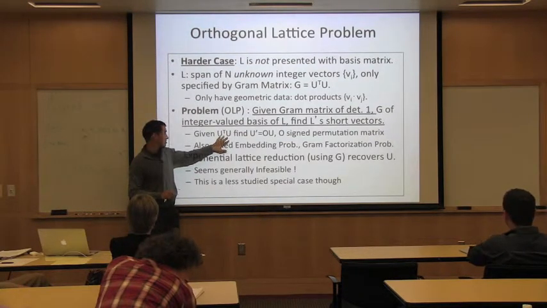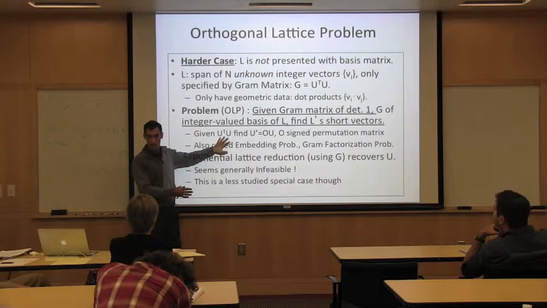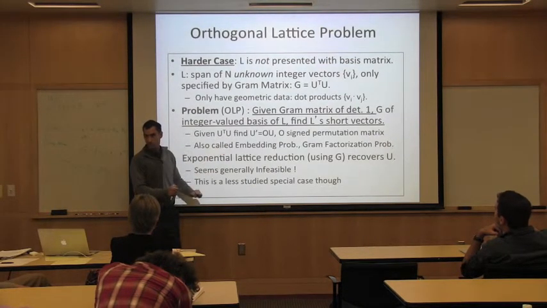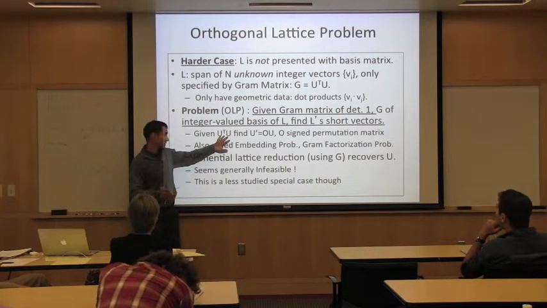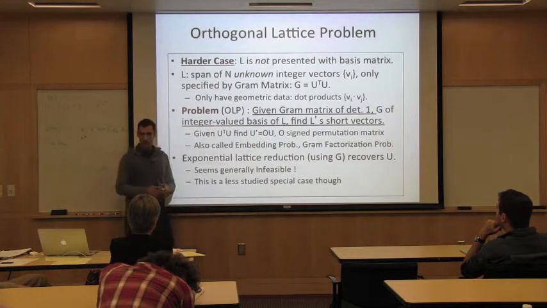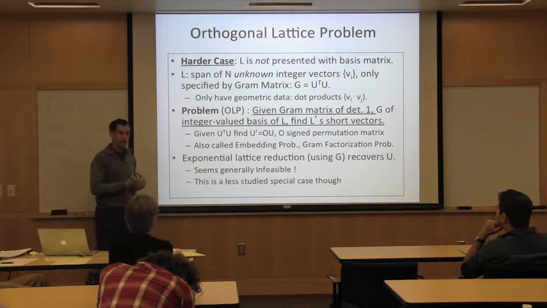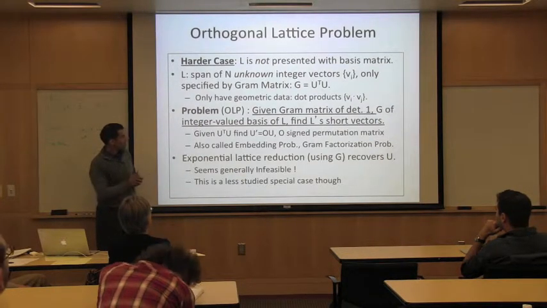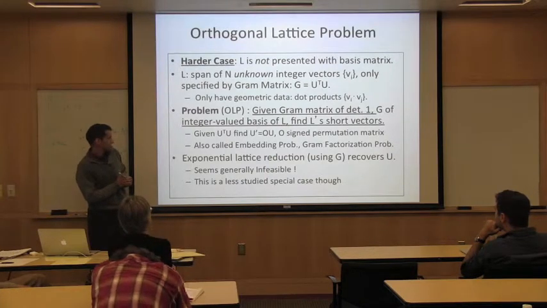In other words, given the geometry of these vectors, how they relate to one another, and a promise that there is an embedding into Zn, can you compute it? I mean, if you can compute it, then you found u up to sign permutation. That's equivalent to finding all the short vectors in there, which all have length 1. So that's what I was calling the Gram matrix factorization problem.